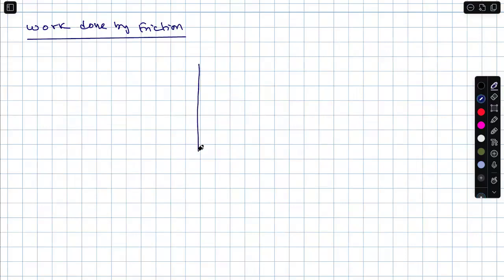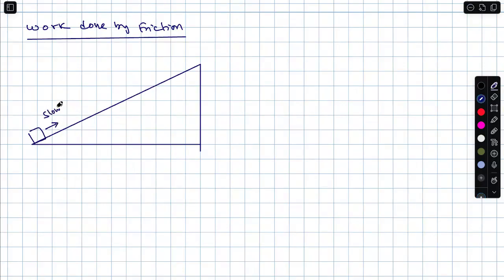You have an inclined plane, a fixed inclined plane like this. And you are slowly moving the block up.